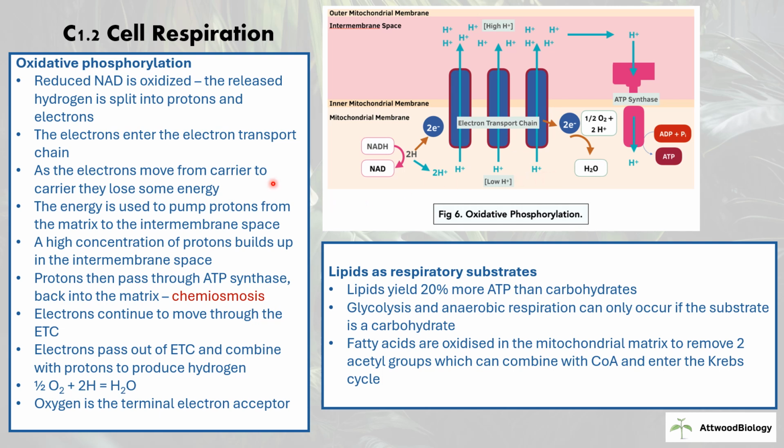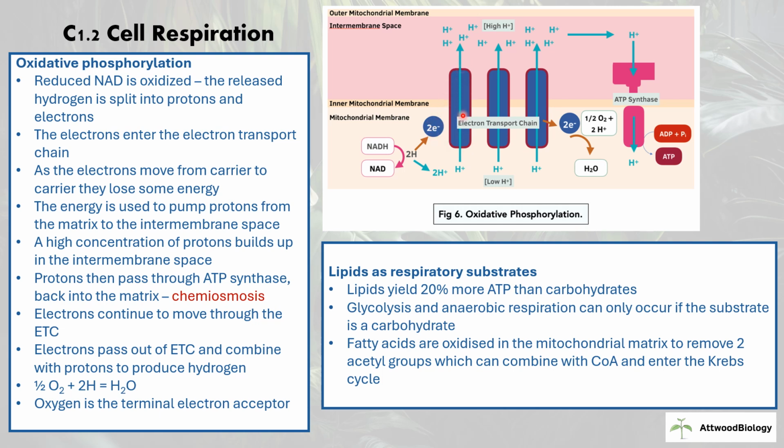Okay. So we've got reduced NAD that we've made and saved for later. What's going to happen is that will be oxidized and it releases a hydrogen. And that hydrogen is then split into its electrons and its protons. Now the electrons will enter the electron transport chain. So these are proteins embedded within this inner membrane.